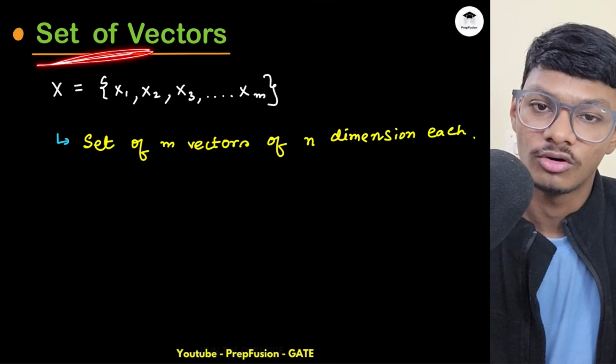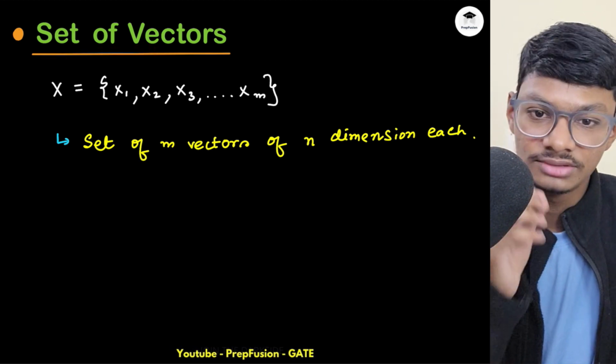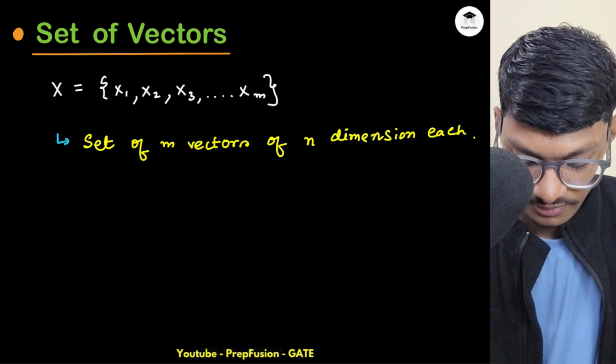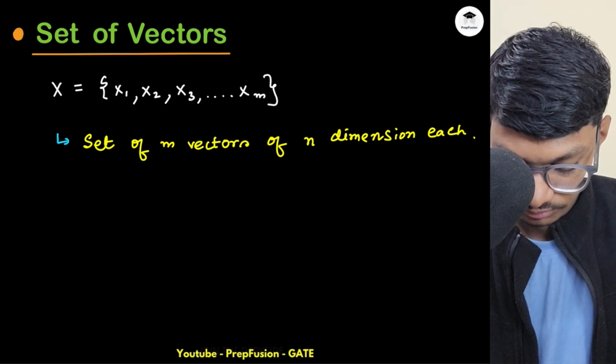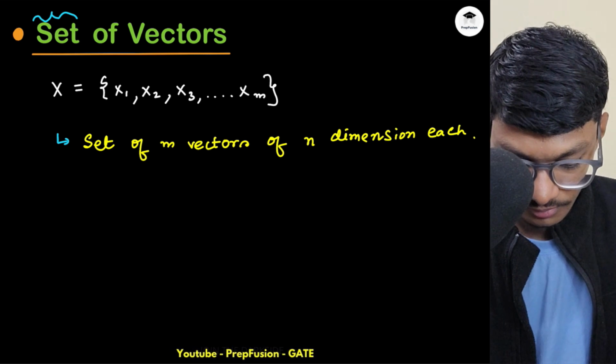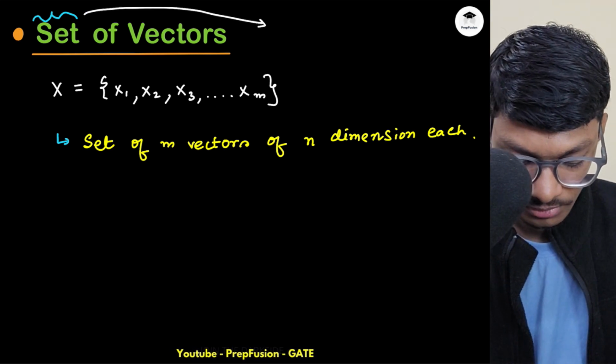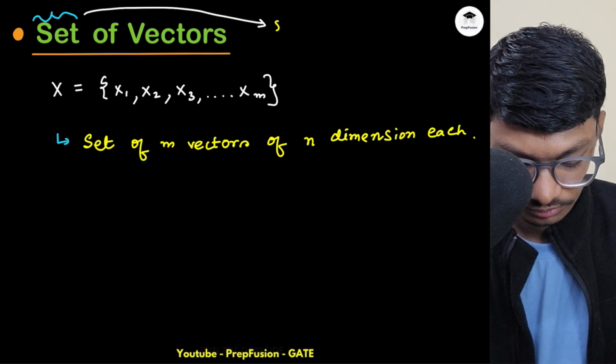So what is a set of vectors? Anywhere set is written, that means it is talking about similar items.